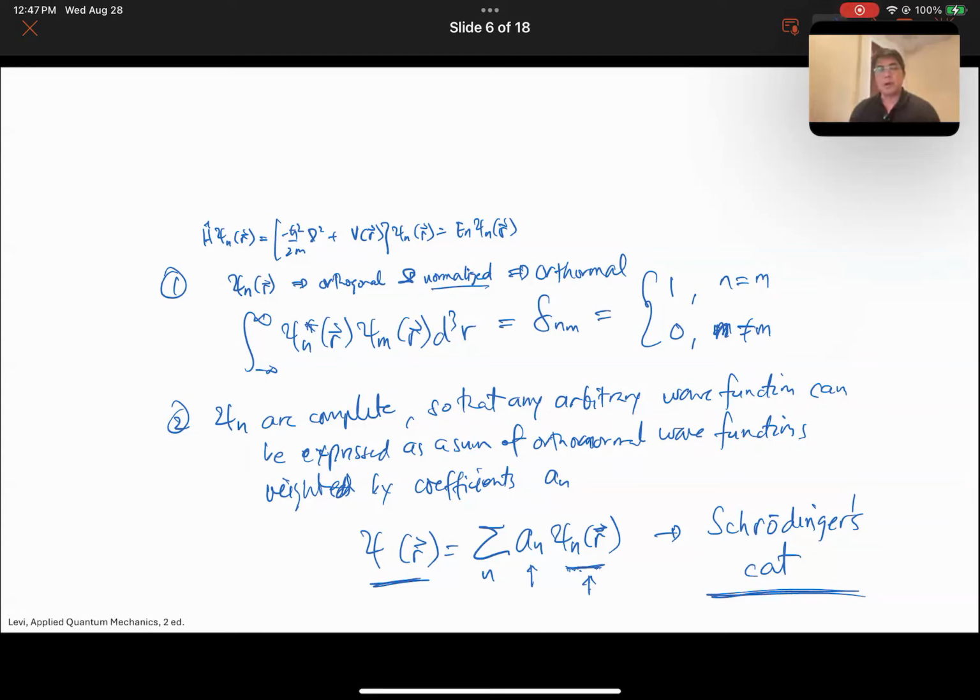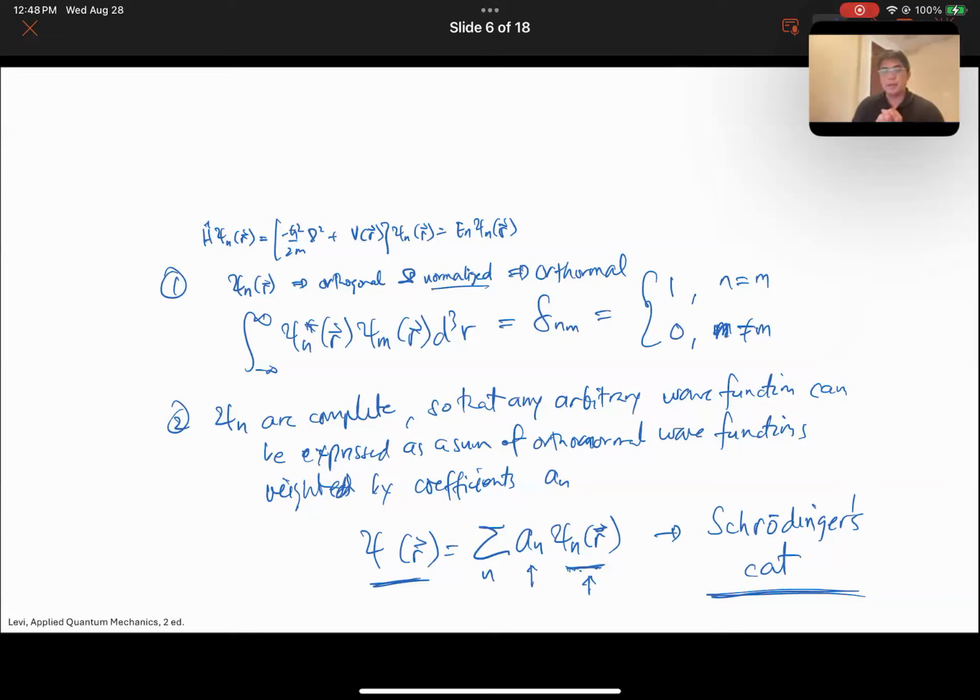Now, before you open the box, all the states are present. What are the states? Just two: the cat is alive and the cat is dead. And each state has a weight. In this case, the weight of one is 1 over square root of 2 and the weight of the other is also 1 over square root of 2. You'll understand why 1 over square root of 2 in a bit.